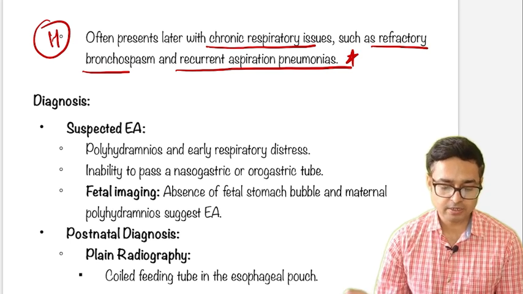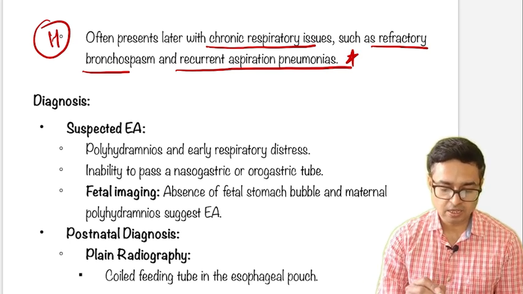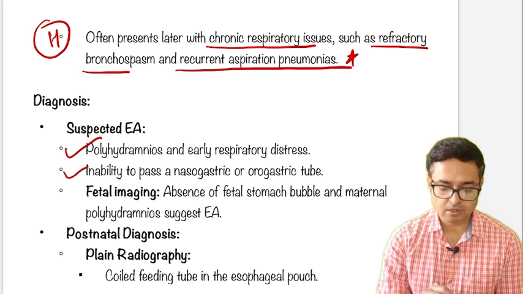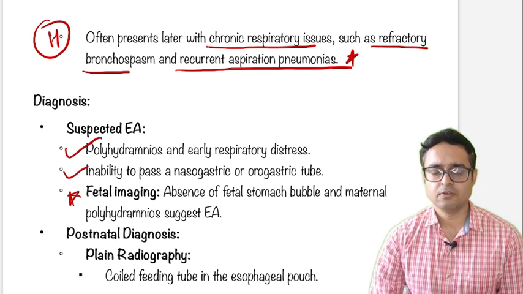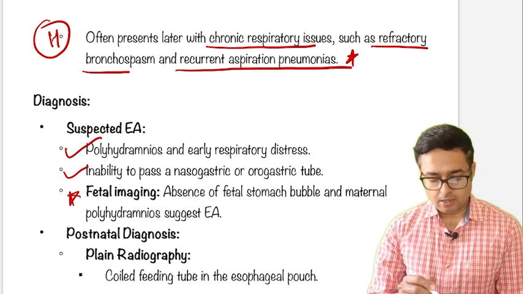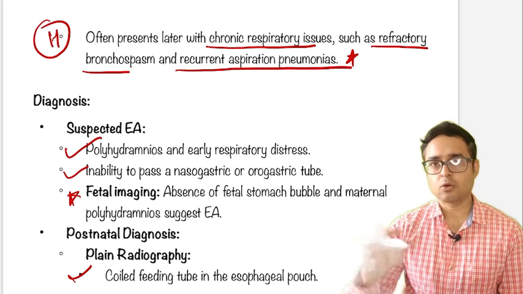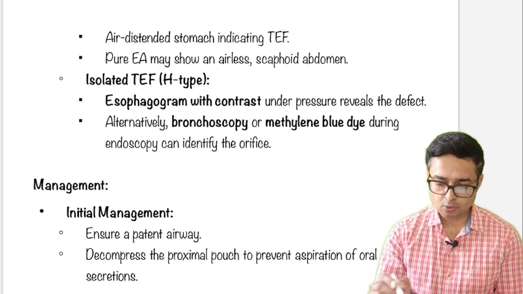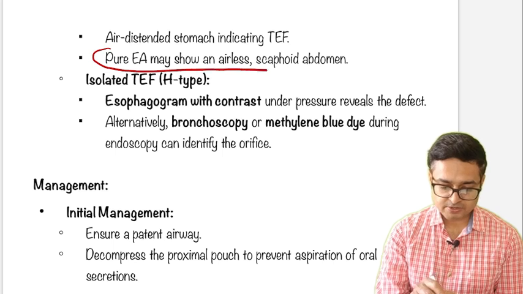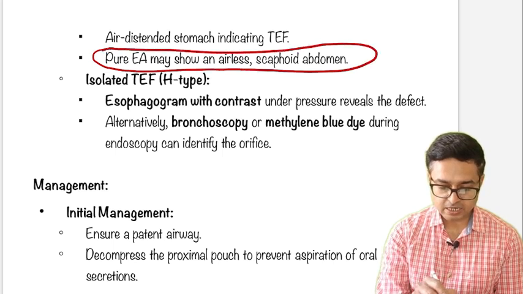How will you diagnose or suspect this condition? Polyhydramnios on antenatal scan, inability to pass an NG tube. Fetal imaging is not routinely used, but it can be used. On X-ray, we can see the coiled tube in the esophageal pouch. Pure esophageal atresia may show an airless scaphoid abdomen.